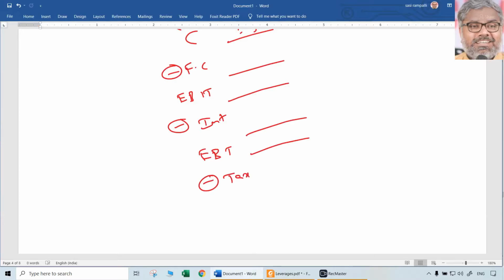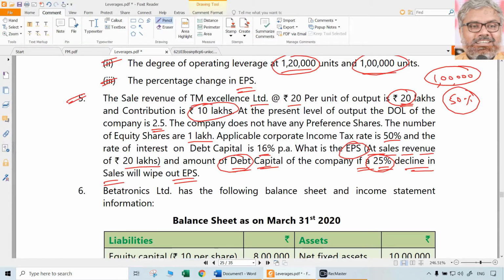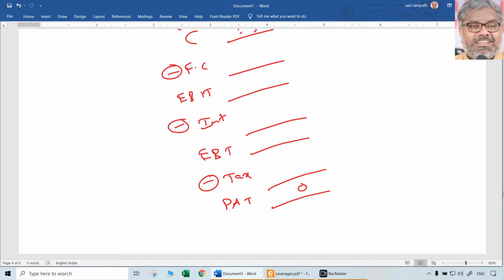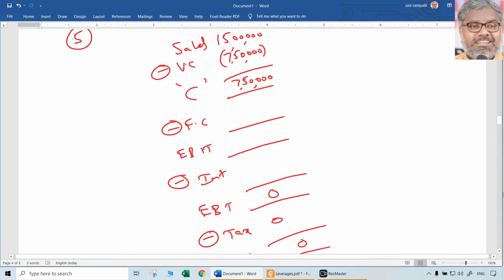From that, if we take out tax, that will give us earnings after tax or profit after tax. And according to this, wipe out EPS means profit after tax is zero. Then only EPS will be zero. That means tax is also zero, that means EBT is also zero. But how much are fixed costs? That we don't know. That can be computed separately.